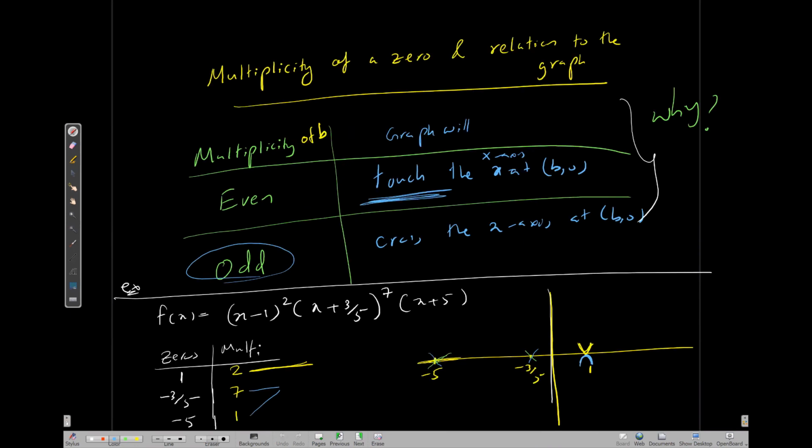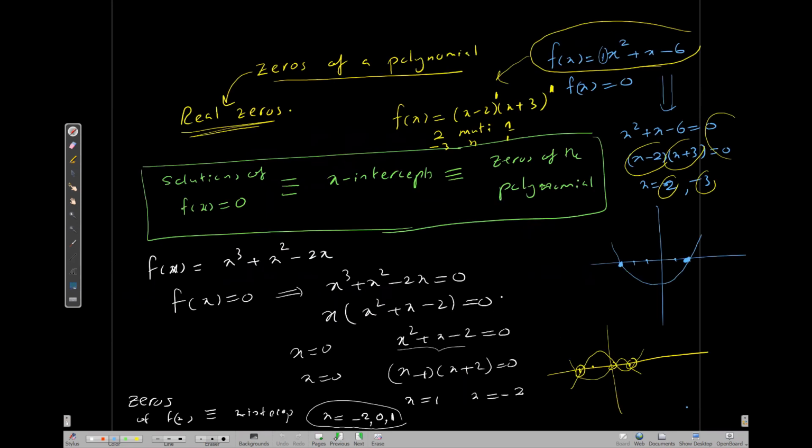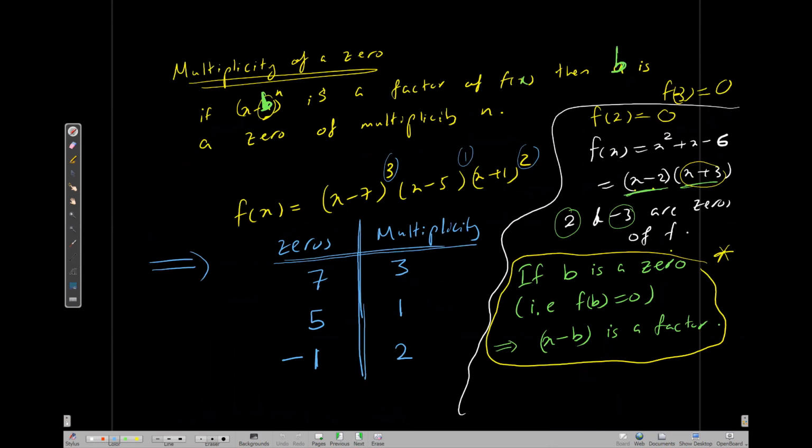Let me quickly summarize. A zero is known as a solution or root of f of x equals 0. Those are the x-intercepts, and those are the zeros of polynomials. Then we learned this word multiplicity. That's simply this power when we factor it.